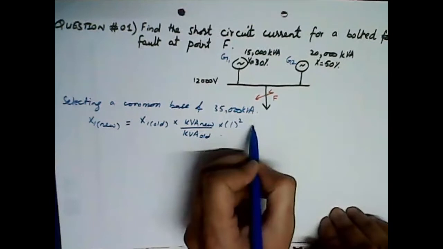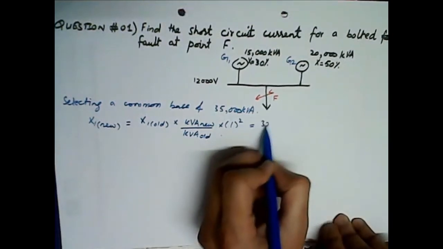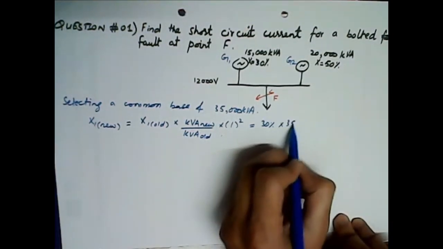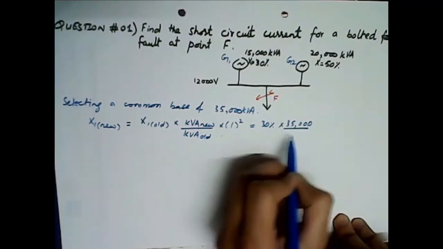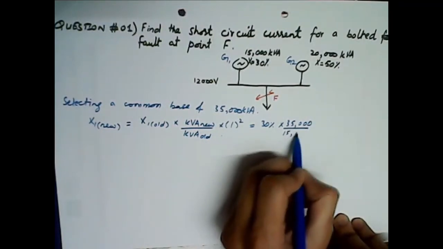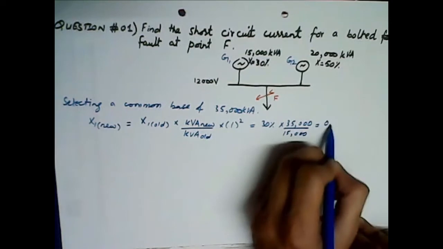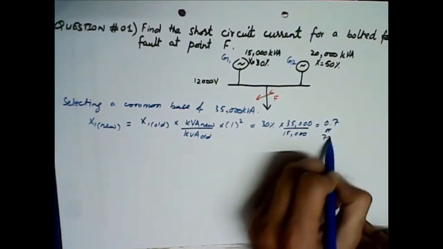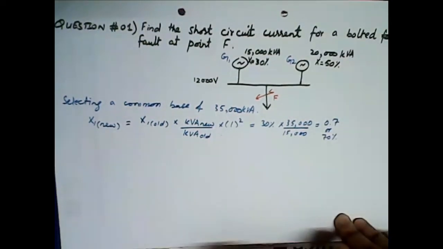So this will become 30% times 35,000 divided by 15,000, so this would be equal to 0.7 or 70%, right?